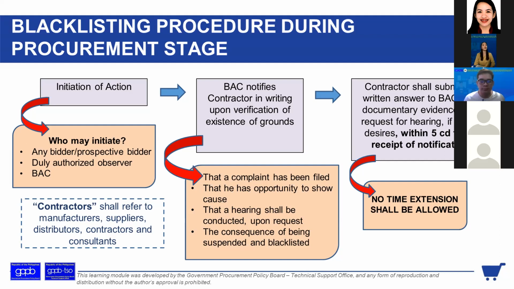That he has the opportunity to show cause, mag-explain po kayo kung tama ba yung ground na ni-raise o hindi. That a hearing shall be conducted, kung magre-request po kayo ng hearing. That the consequence is to be suspended and blacklisted. Pag hindi po kayo mag-request ng hearing, hindi po kayo sasagot, kung itong complaint lang po sa inyo ang i-rely namin, baka po kayo masuspinde at ma-blacklist.